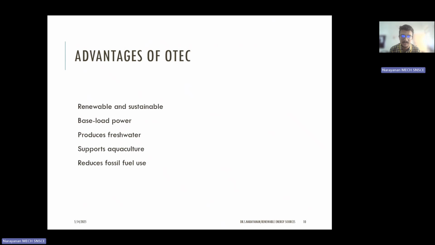And it supports aquaculture, where the fresh water is sent to the estuaries or rivers, streams nearby to nurture aquaculture, and it reduces fossil fuel usage, that is, fuels which produce carbon or nitrogen based emissions. So those fuel usage shall be reduced.